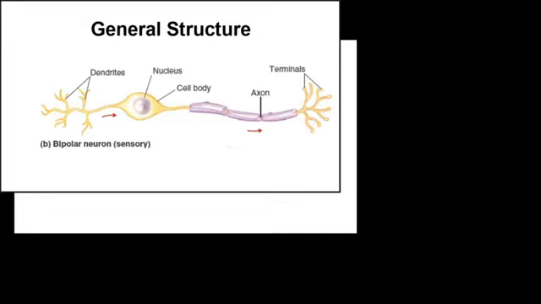Just like any other cell, it needs all of these structures and the things in the middle that keep it functioning. But what we care most about with these neurons is actually what happens across the whole cell. So we're going to look at that in a little bit more detail.